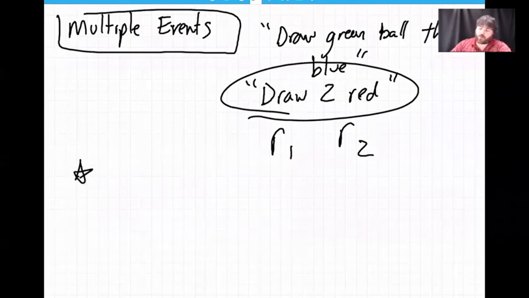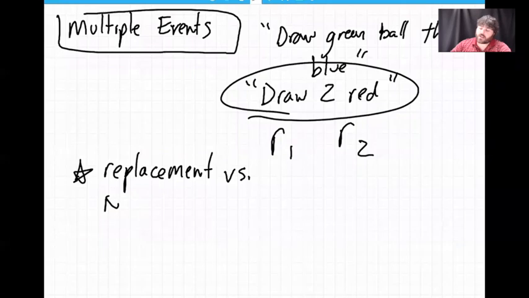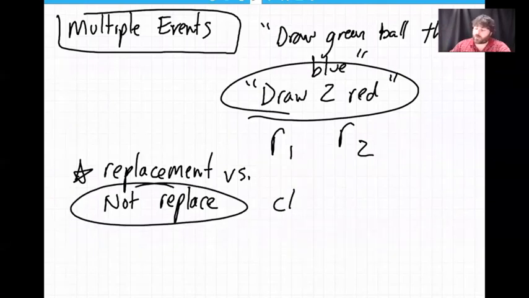One thing you got to know before we get started is what it means to replace, or using replacement versus not replacing, non-replacement. So replacing means you grab it, you look at it, you record it, and then you put it back in the pile. That's replacement. Not replacing means you pull it out and you leave it out. So when you do not replace, that will change your numbers.